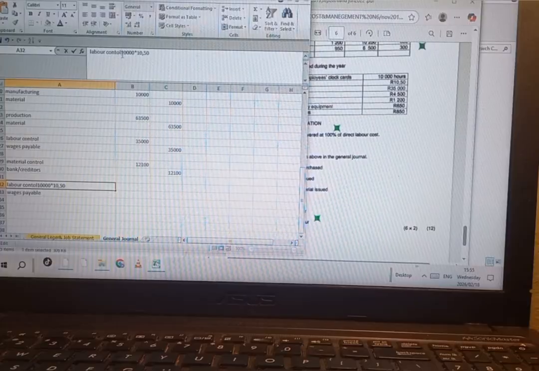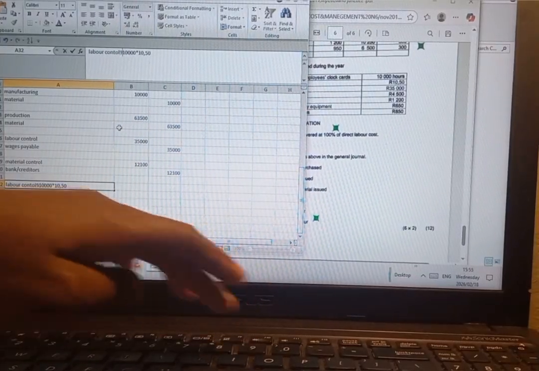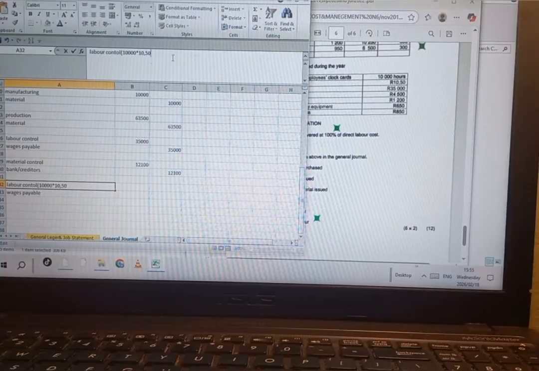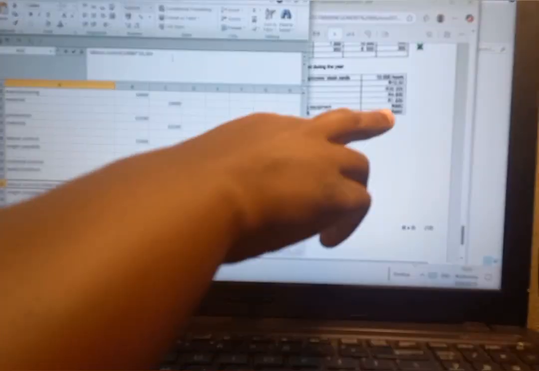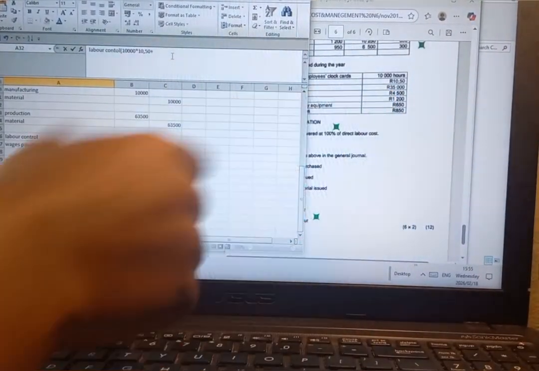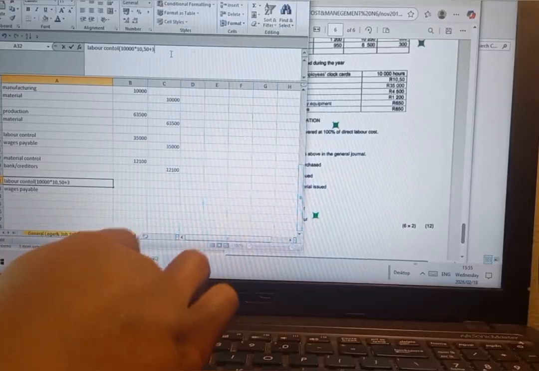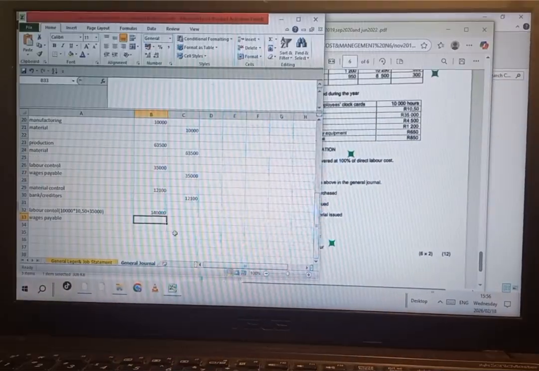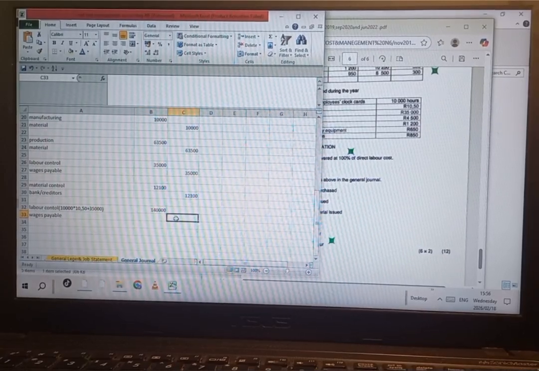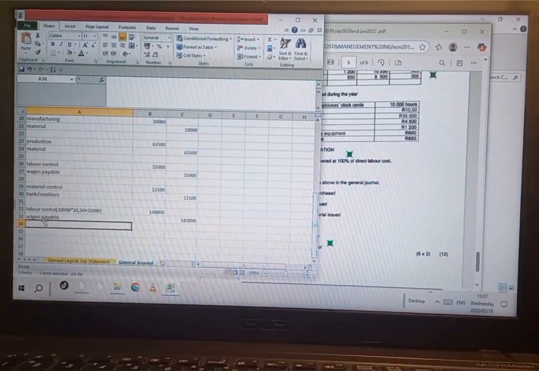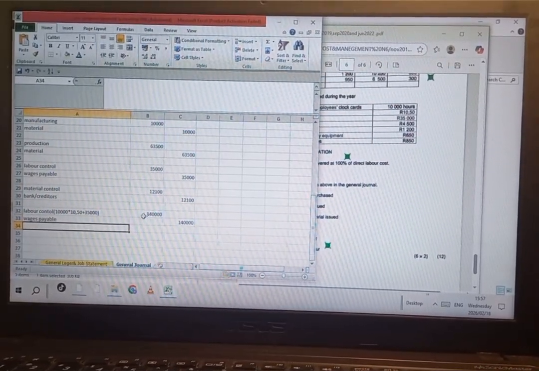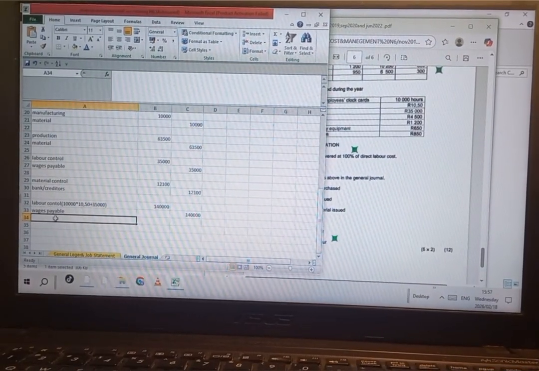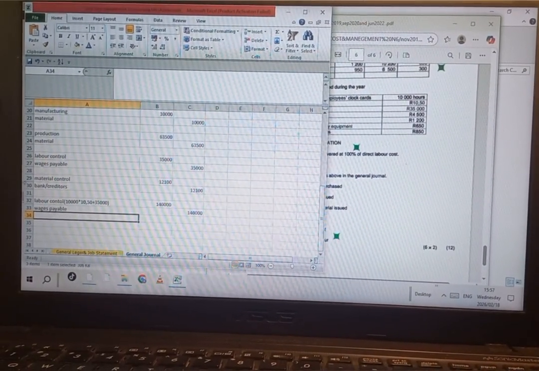You need to show calculations, always remember that. Then you show plus 35,000 for indirect labor, close the bracket. It gives us 140,000. That is our total labor. The reason why you debit labor control and credit wages payable is that it is the total labor cost.